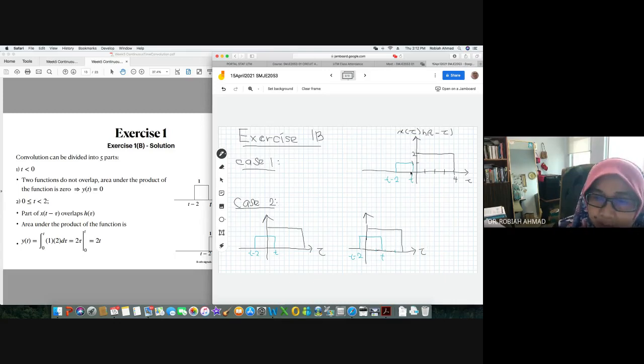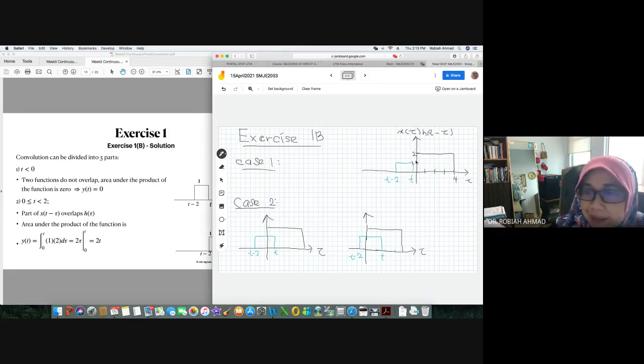We will look one by one. One is when the h(t minus tau) will be the blue one, and then the bigger one is x(tau). So this is when kita dah tukarkan T to tau, and then one is flipping and shifting. Again, y(t) and t minus 2. T ni anywhere along this x-axis, and t minus 2 because dia punya lebar. And then kenapa ke kanan? Because the t is plus.